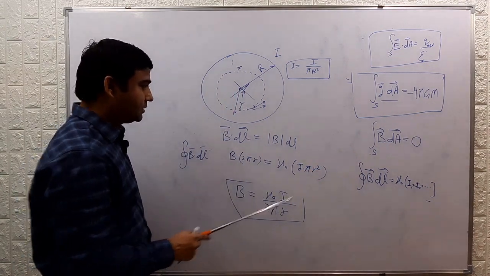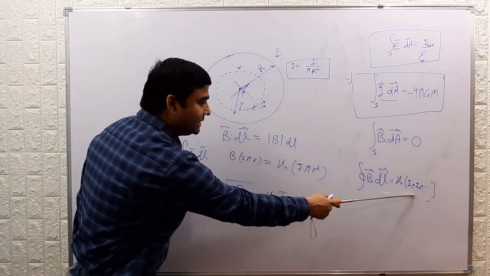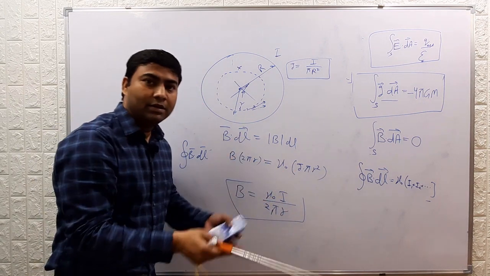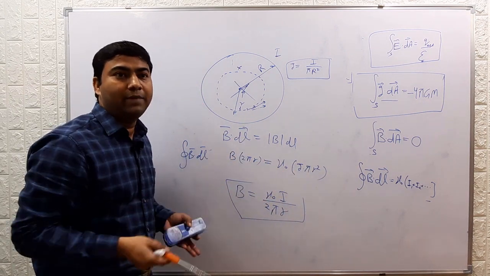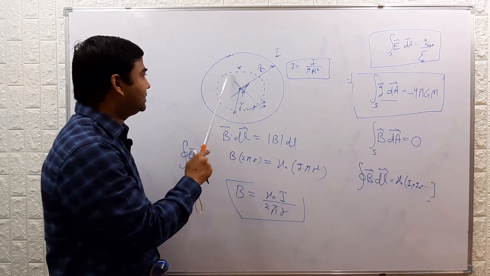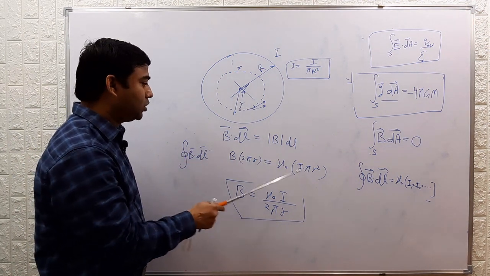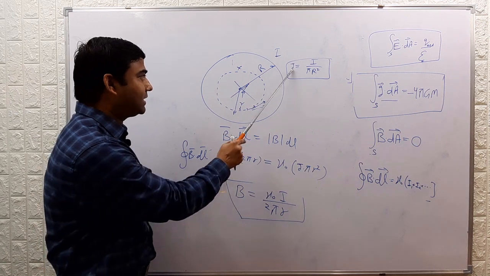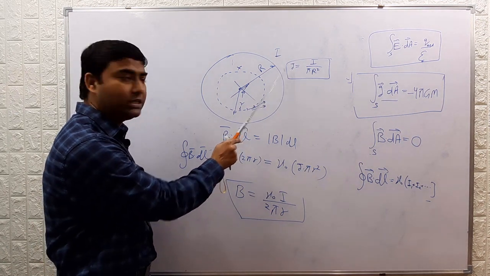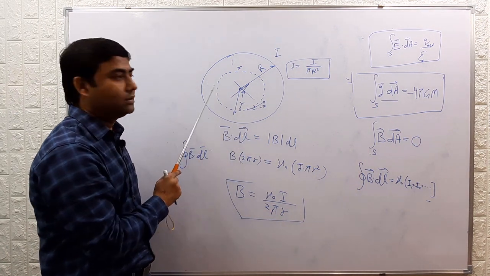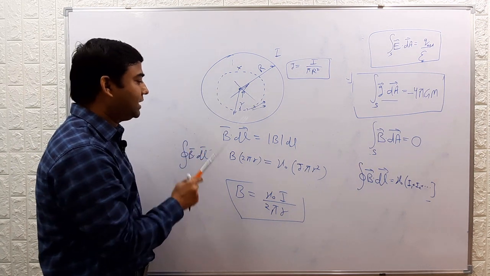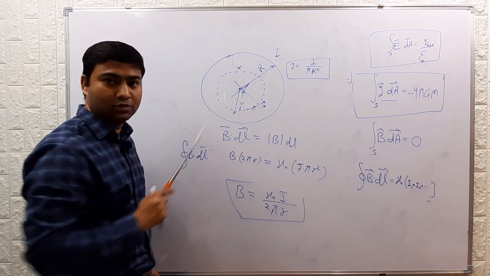In Ampere's law we have discussed, I is the total current inside the imaginary curve. The area of this curve is pi small r square, and J is the current density, that is, current per unit cross sectional area. So from pi r square area, the current will be J into pi r square.